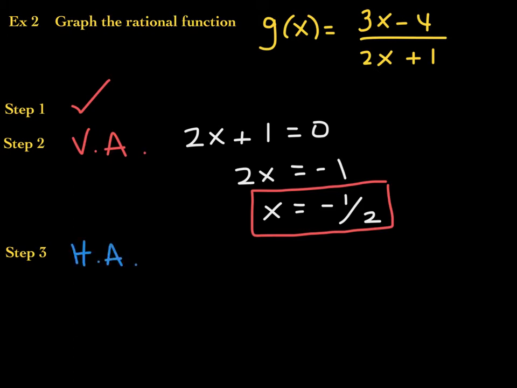And the equation that defines it is y equals the leading coefficient of the numerator, which is 3, over the leading coefficient of the denominator, which is 2. So y = 3/2. The ratio of your leading coefficients is always your horizontal asymptote whenever the degrees are the same.